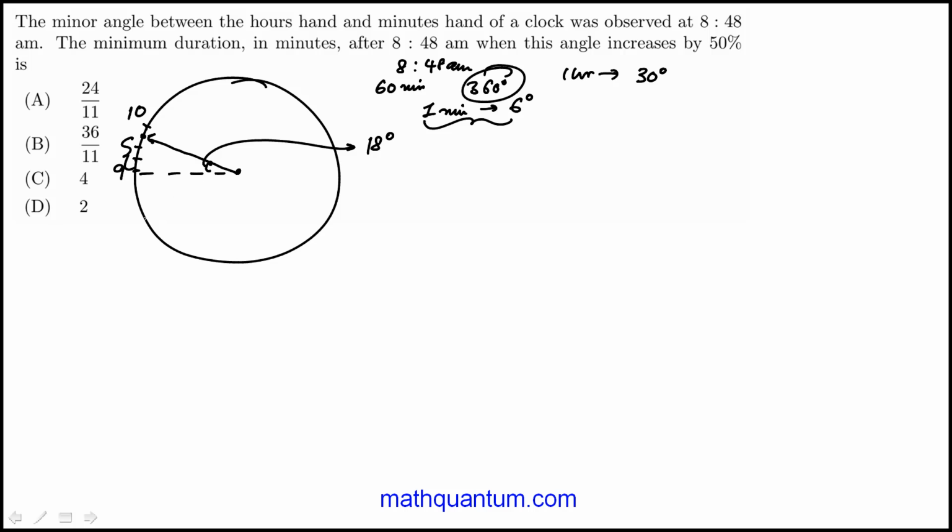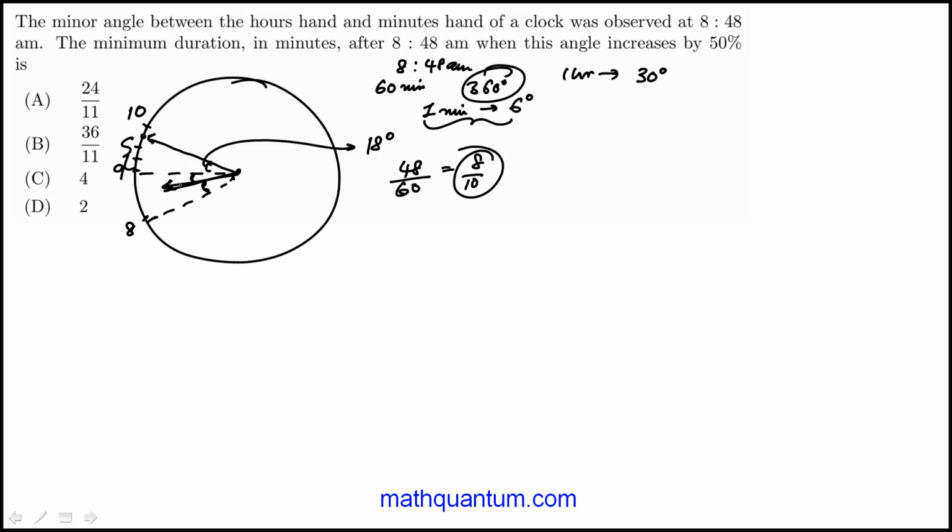Now, if we write this as 8, the hour mark would be actually closer to 9. And to find this angle here, first I'm going to find that angle. So since it's at 48, I find 48 as a fraction of 60. So that's 8/10.